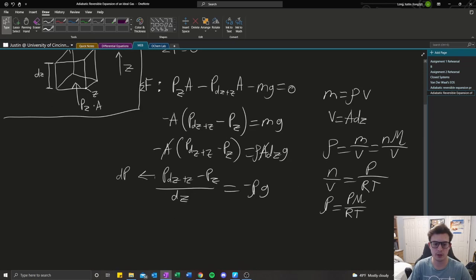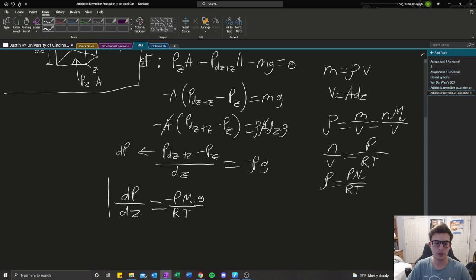So if we rewrite all of this, we end up with dp over dz equal to the negative pressure times the molecular weight over the gas constant times the temperature times g. And there we have the basic equation of statics.